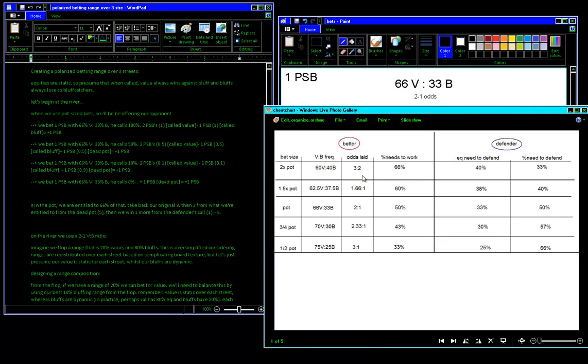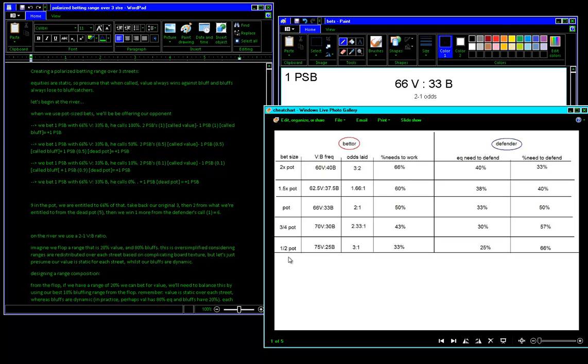So you can kind of take a little glance at this and see how frequencies change relative to sizing. Let's see if there's anything that sticks out. You can see that bluffing frequencies go up at a relatively shallow rate given bet sizing.